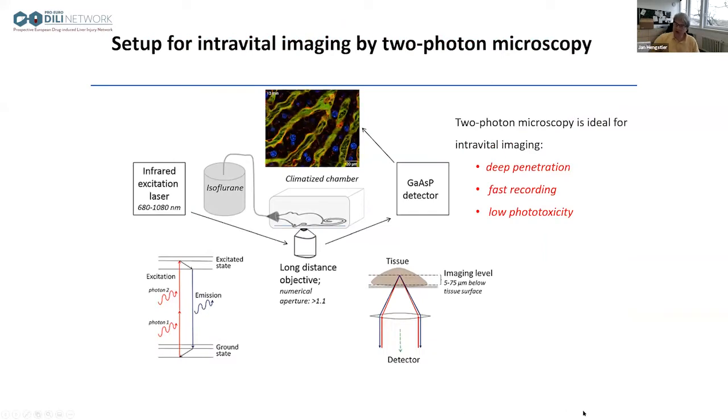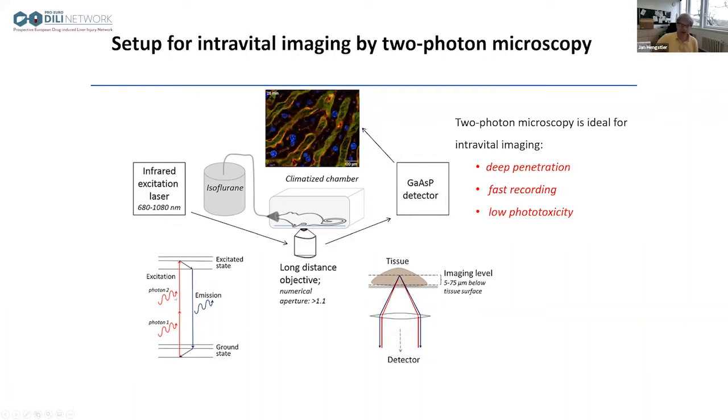And one of the imaging techniques I will repeatedly use in this presentation is two-photon microscopy of intact livers of anesthetized living mice. So what you need is an anesthetized mouse with a median incision. So there is a small, about 5 millimeter incision, so that the liver is in contact to this imaging glass. And then you need a specific microscopy setup.